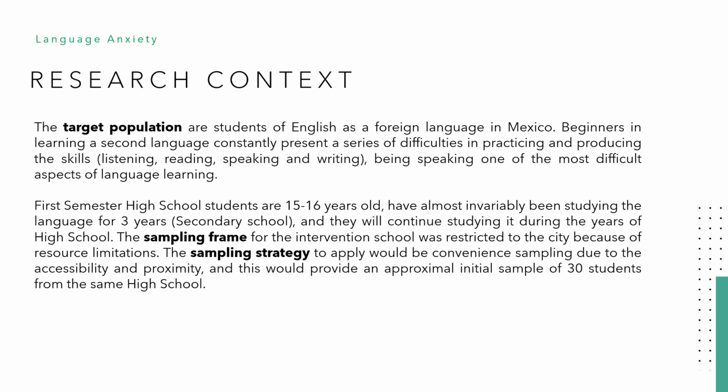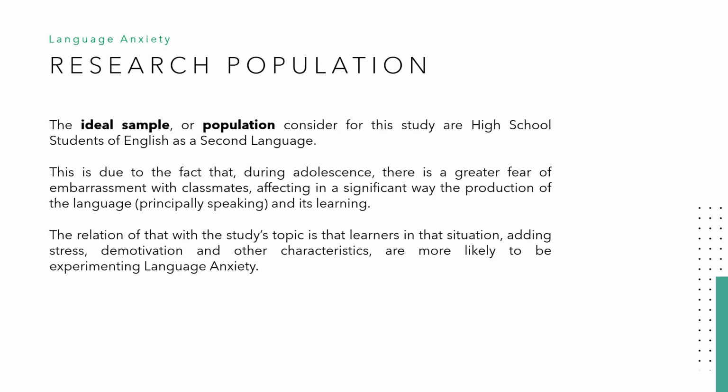The sampling frame was restricted to my city, and the sampling strategy I would like to apply is convenience sampling due to the accessibility and proximity that I have to the population. This population I'm going to work with are high school students of English as a second language.